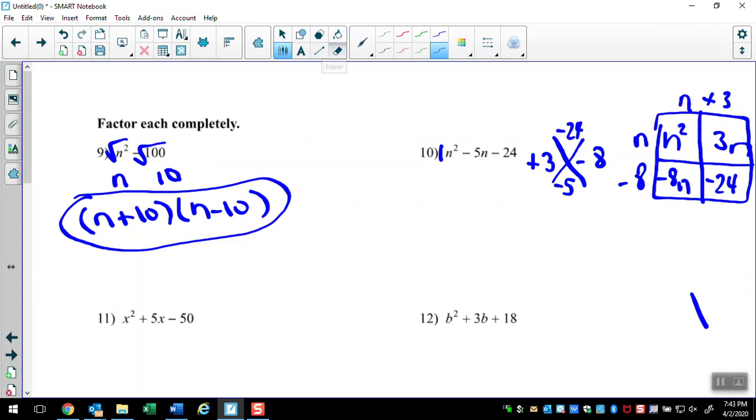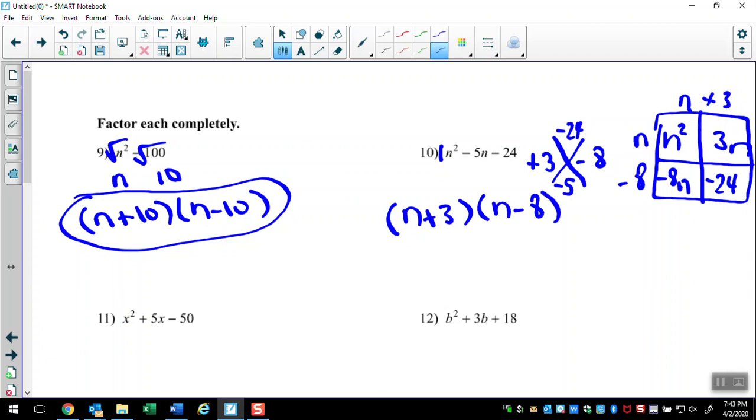Now we've got our answers. So we end up with n plus 3, n minus 8.